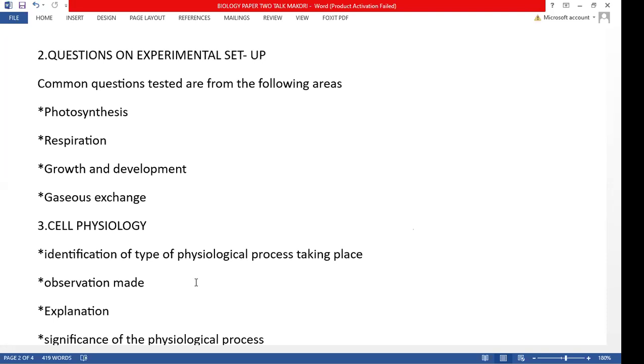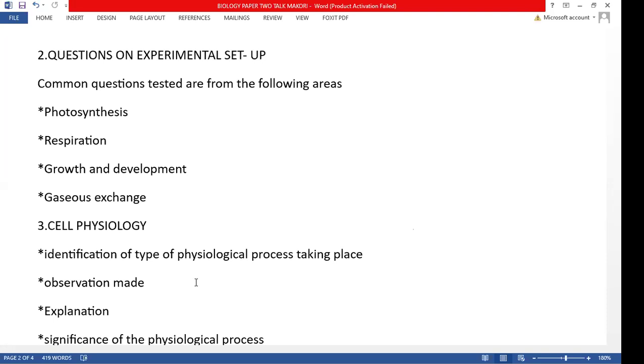Whenever we are dealing with questions on cell physiology, we are supposed to be keen on the observations that we make, especially if we are using the visking tubing. We should check for the color change, if the substances being involved are colored, or the increase in size.